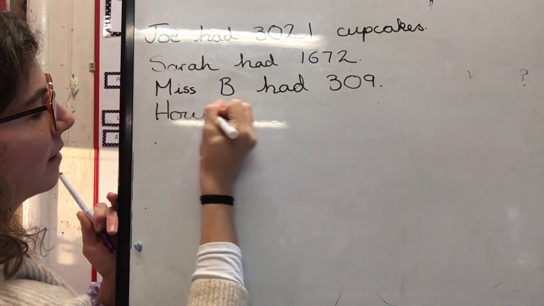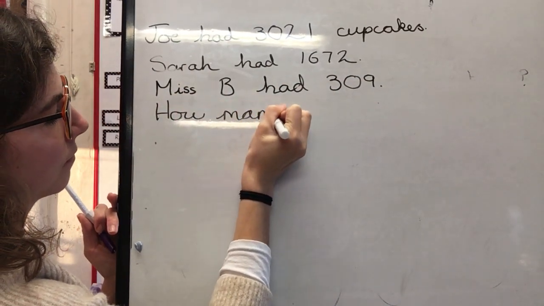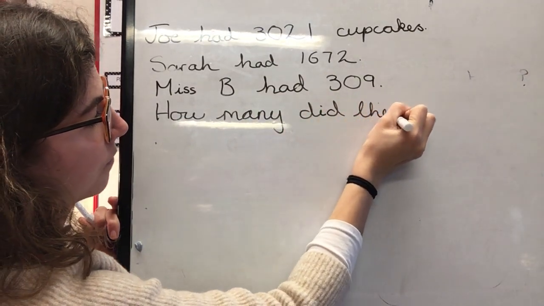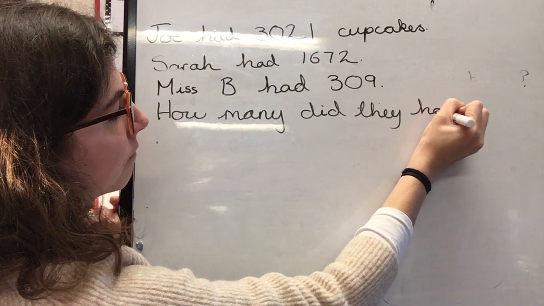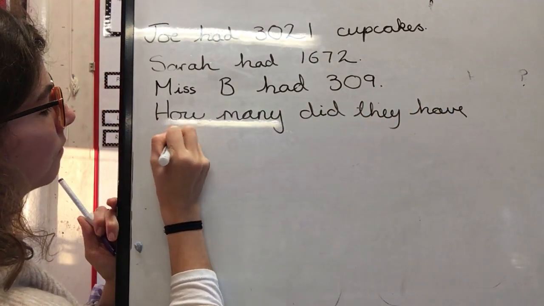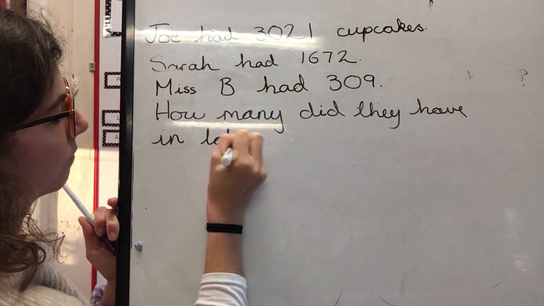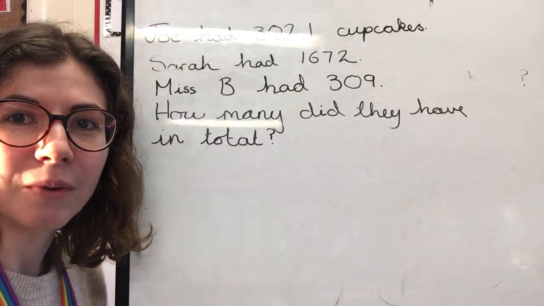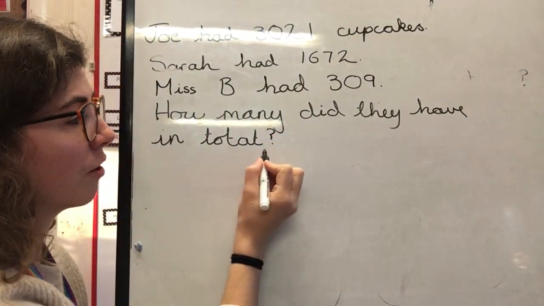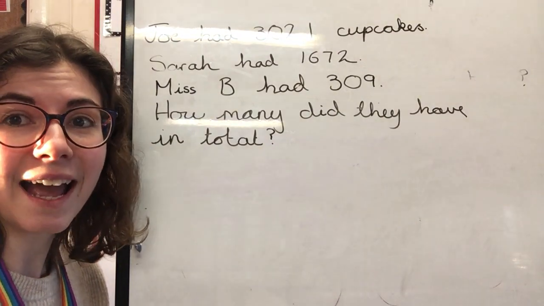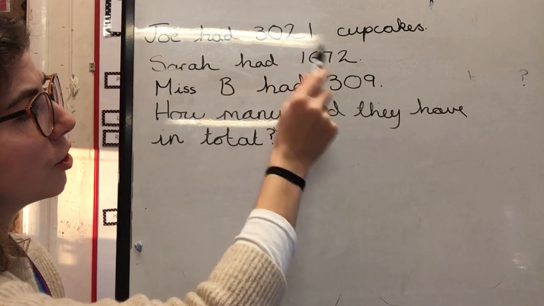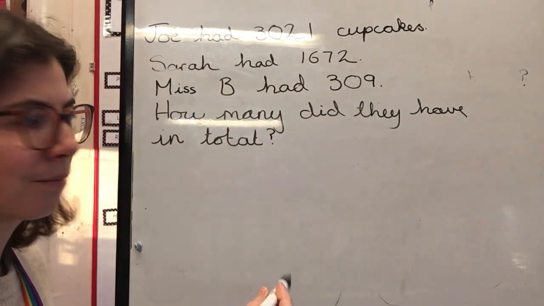How many did they have in total? So we are still finding the total number. We're still adding to find our total. The only difference is this time, rather than two parts, we've got three.